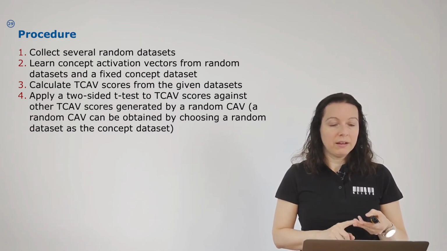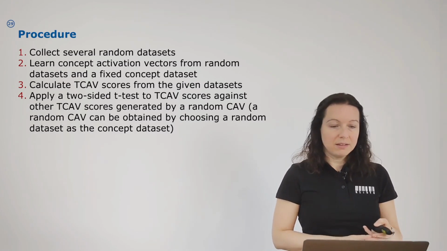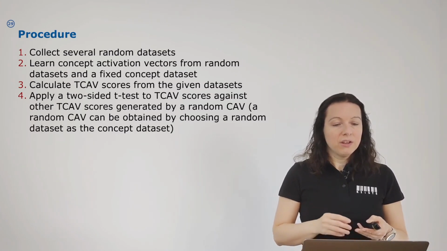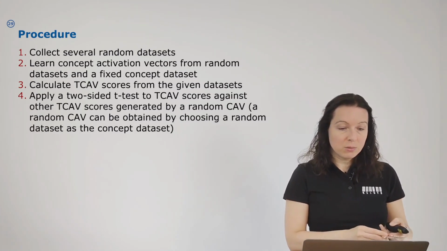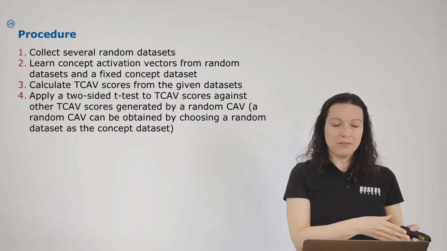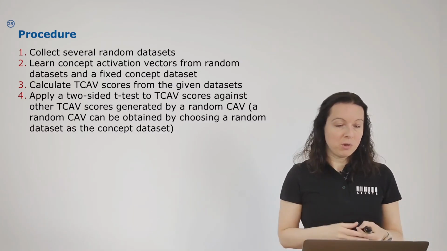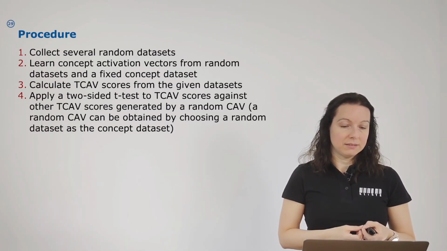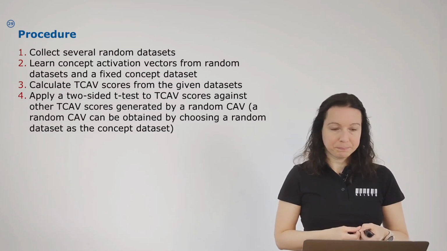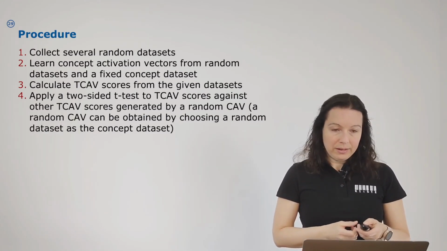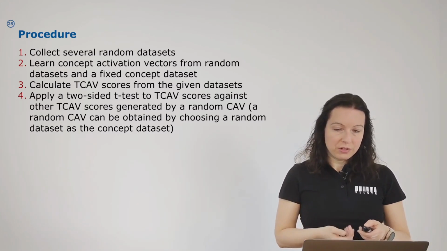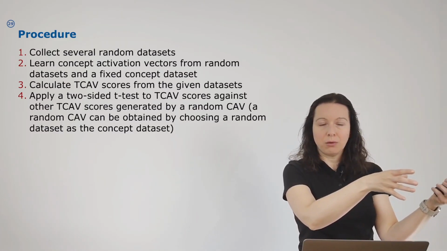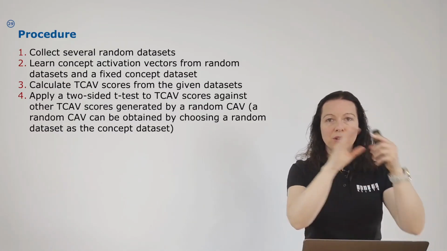And then you apply, for example, a two-sided t-test, a statistical test from hypothesis testing theory, to the TCAV scores against other TCAV scores generated by a random concept activation vector, and the random concept activation vector can be obtained by choosing the random data set as the concept data set. Okay, so this is the whole procedure, the testing. So it comprises the concept activation computation and the testing.